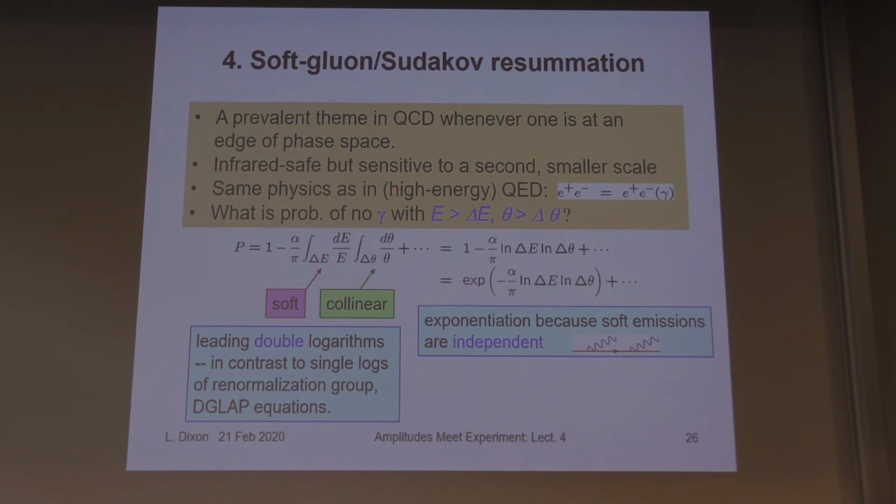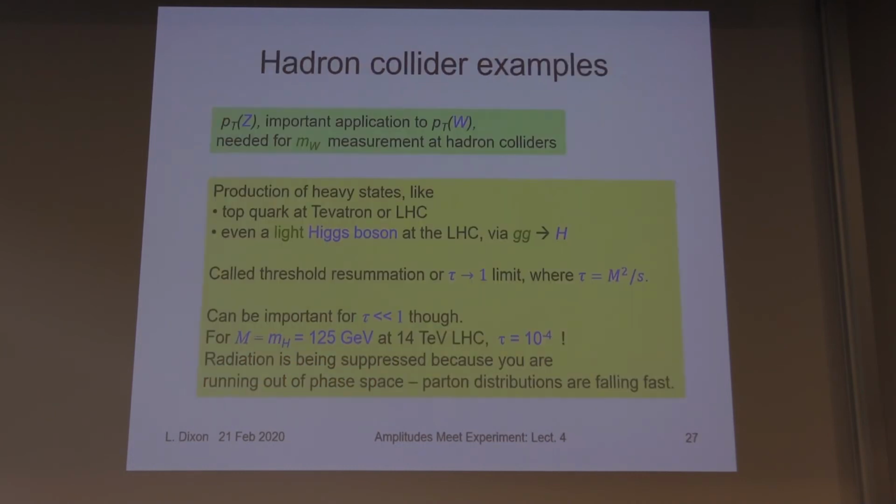But the general property of the Sudakov regions, which are sensitive to soft-gluon emission, is that they have a double logarithmic property. At each order in alpha s, you get 2 more logarithms in the given singular variable. And you can typically resum them using various factorization strategies. Now, just to give some examples, I mentioned before that the transverse momentum of the Z, or of a color singlet object in general, could be Z, W, Higgs.